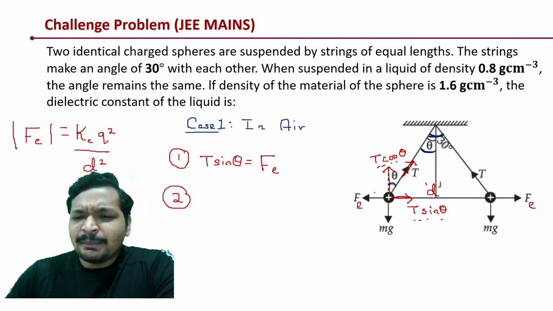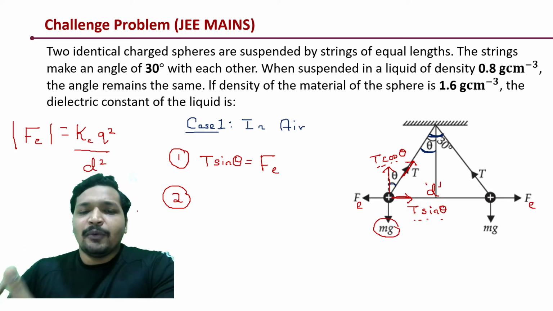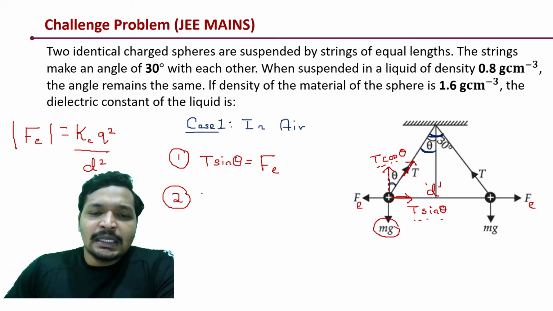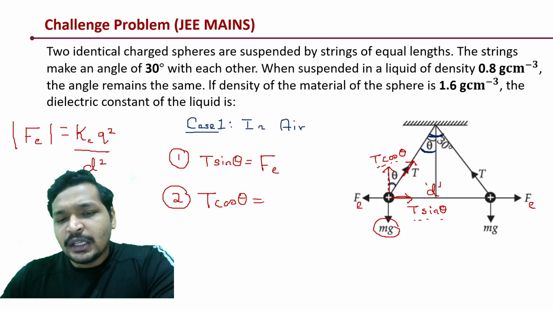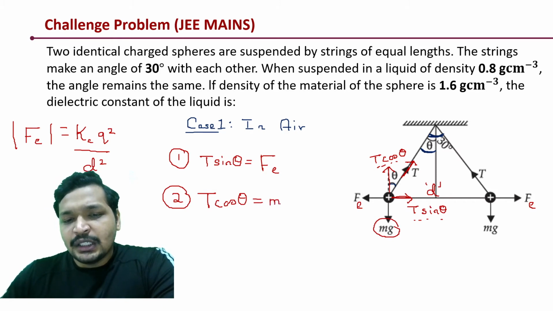It's basically balancing the weight of this spherical ball. Still in air. So what would we be getting? T cos theta should be equal to mg.